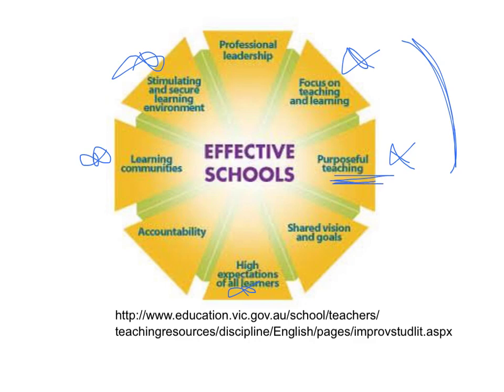There's a strong focus on teaching and learning across a school. So there's a shared focus within the staff about what makes for effective teaching and learning. Over here, this one's really important as well, that you need to develop a stimulating and secure learning environment. And I'm going to come back to the idea of a secure or a safe and supportive learning environment in a couple of minutes.